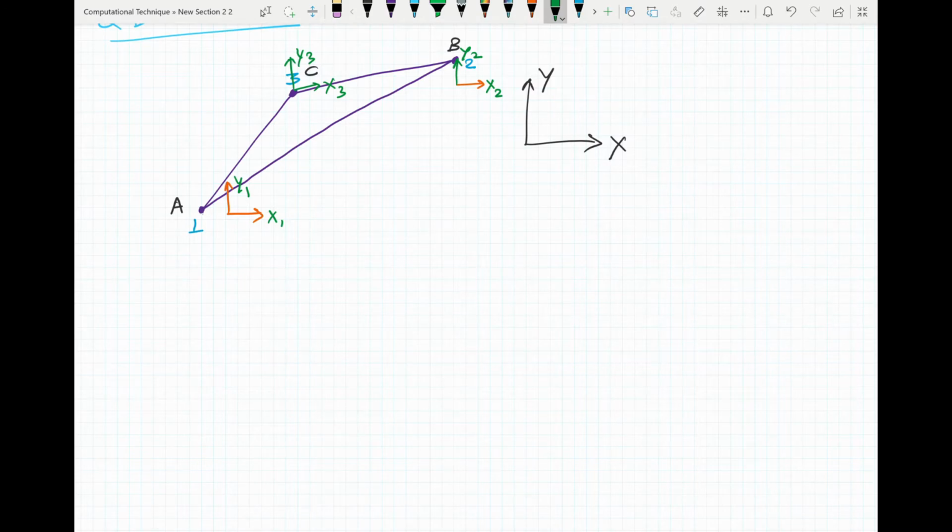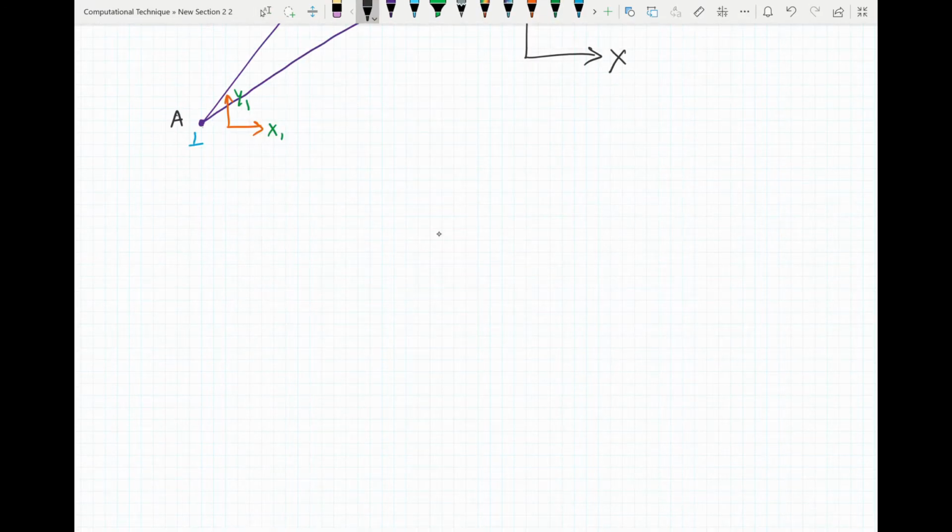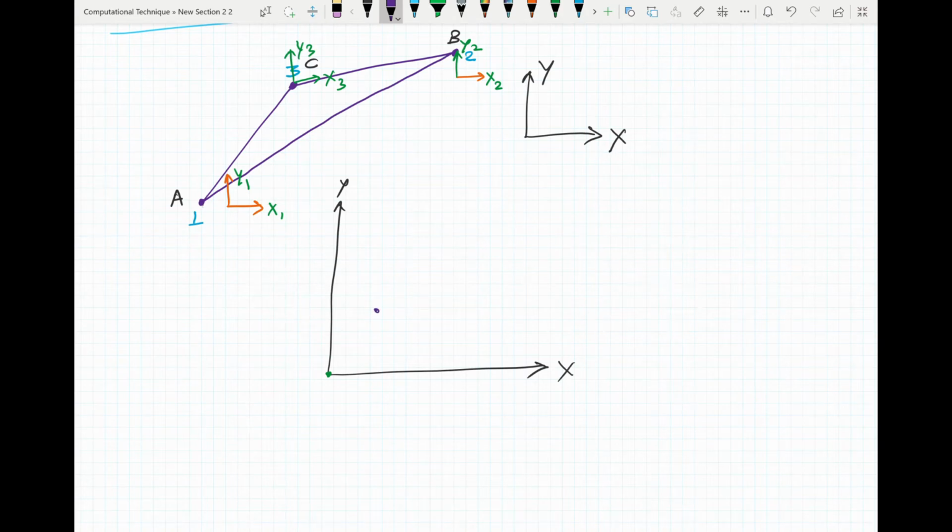Remember that we have solved this problem already. We just plot this in the graph. This is your solved point 1, this is your solved point 2, this is your solved point 3. This one corresponds to X1, Y1, this one will be X2, Y2, and this one will be X3, Y3.